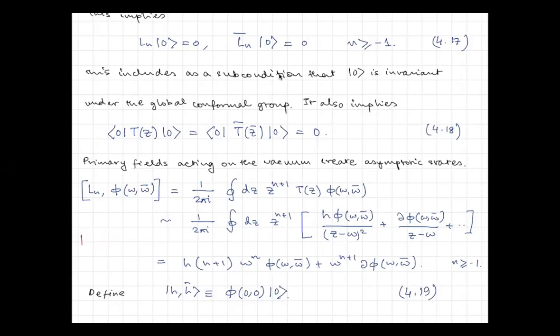So L_0 acting on phi gives you h, (n+1) is there, omega equal to 0, phi of omega and omega bar, plus n equal to 0. So this is omega del phi, right? So that is what you would get. So this is also at omega bar. So let me just suppress these other indices here for the moment.